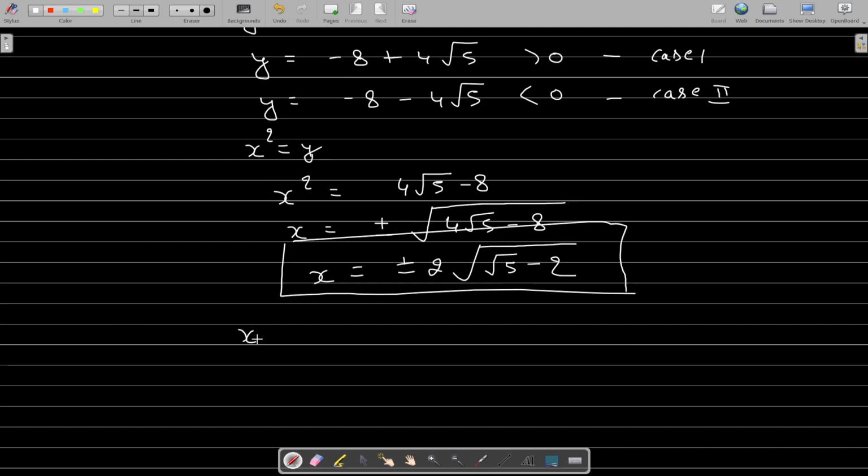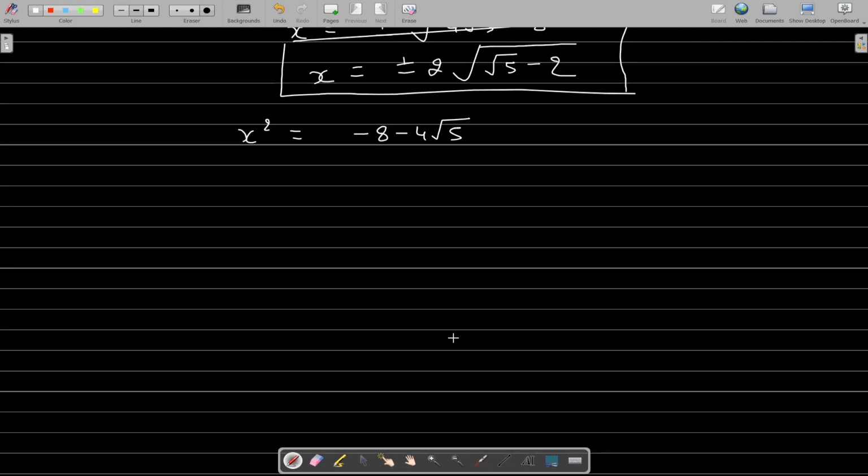Case 2 is x square is equal to minus 8 minus 4 root 5, let me do it step by step.